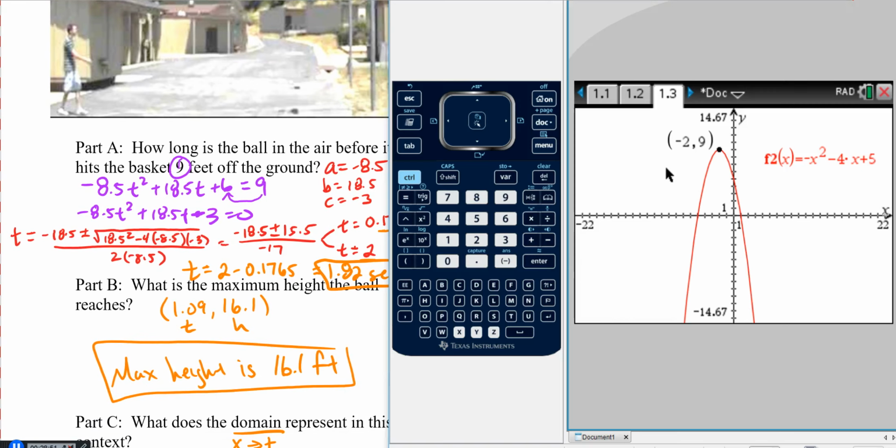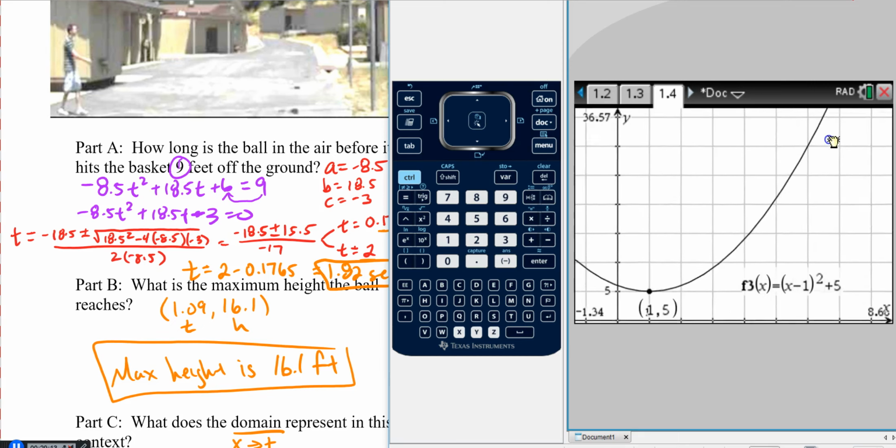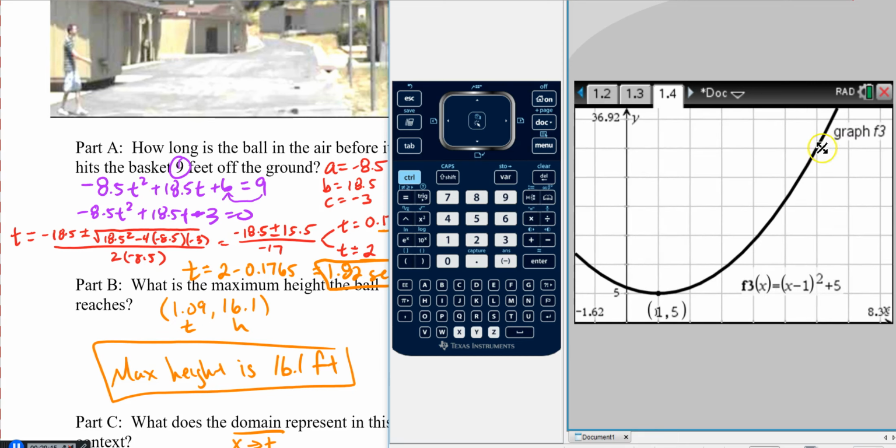So I'm going to go to my graphing calculator. And here's that function, x minus 1 squared plus 5. My window goes from 0 to, mine's actually going to 8. So 6 is right here. So I'm looking at this little window, this little space right here from where my cursor is to the y-axis, and then down that little box.